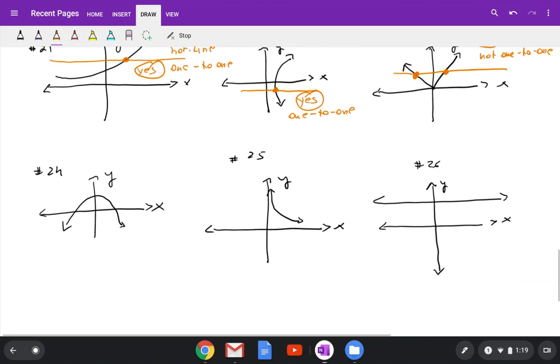For 24, I'm drawing the horizontal line. Since my horizontal line intersects the graph of the function twice, the answer is no, not one-to-one. And 25, we draw the horizontal line. The horizontal line intersects the graph once only, so yes, this graph is one-to-one.